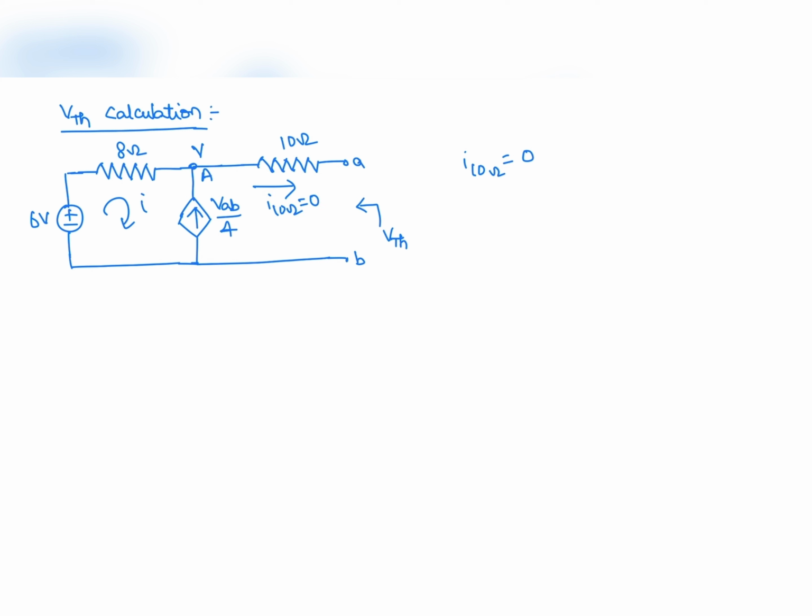This voltage V is equal to VAB because the current through 10 ohm is 0. Now (VAB - 6)/8 - VAB/4 = 0. From this, VAB is equal to minus 6 volts. Thevenin's resistance is 18 ohm and VAB is minus 6 volts.